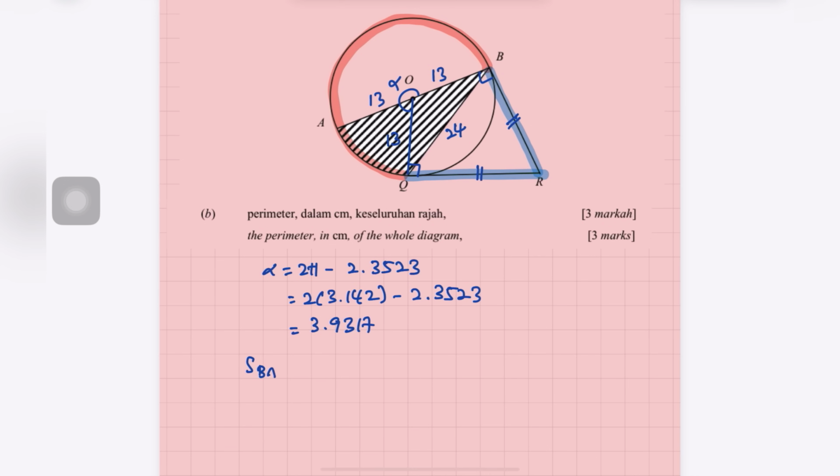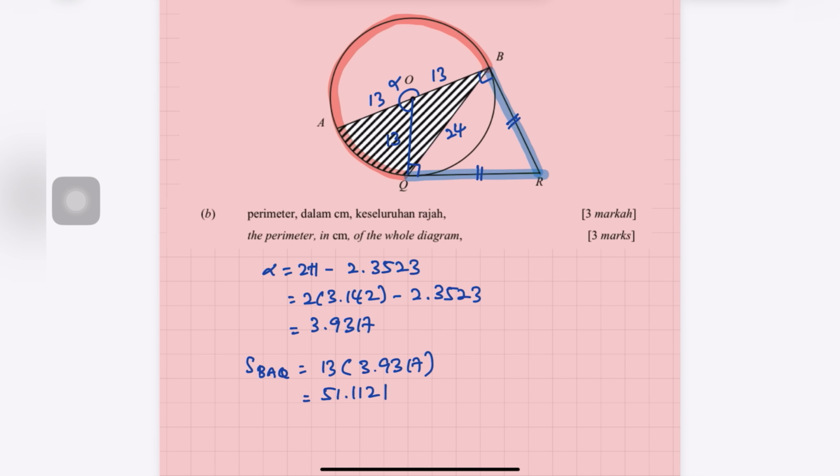The formula is S equals to r theta. r is the radius, 13, and theta just now is 3.9317. So this equals to 51.1121. Okay, so we have settled the length of this arc. Then we are going to find the length of BR or QR.